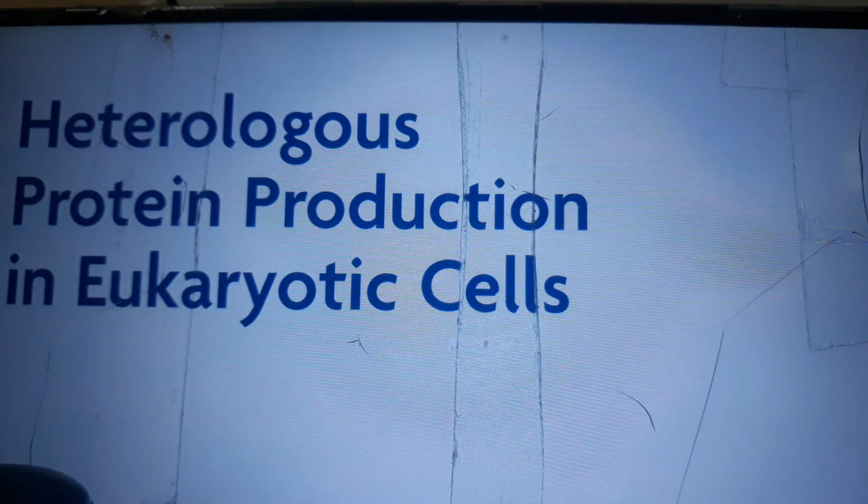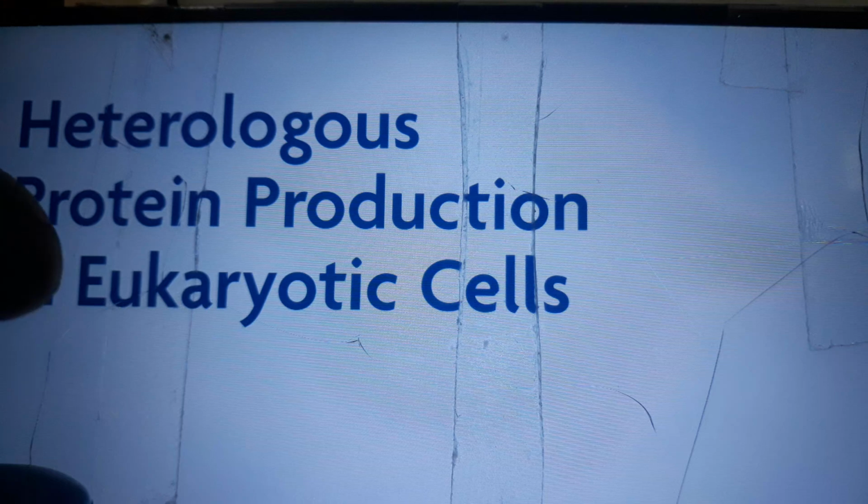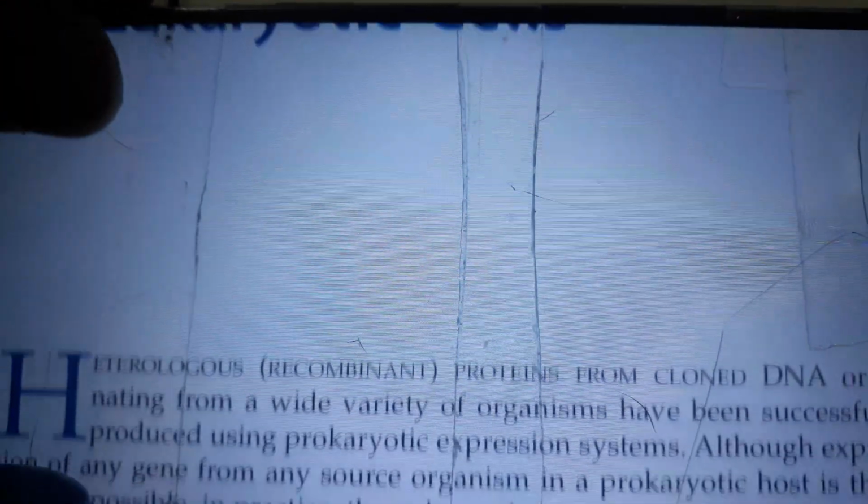Welcome back. We enter Chapter 7 of Molecular Biotechnology, titled Heterologous Protein Production in Eukaryotic Cells. As we start on, we head on with the details of the subject.